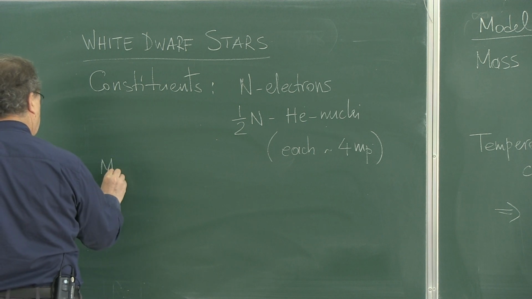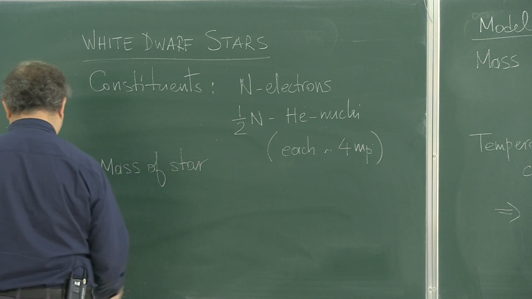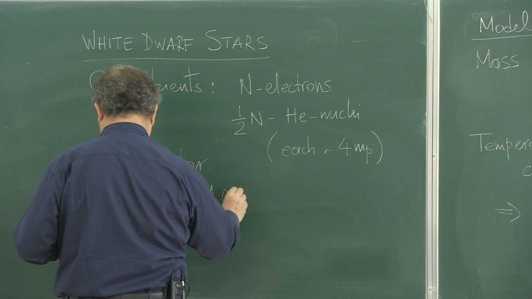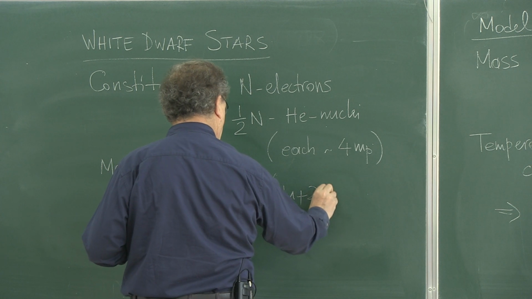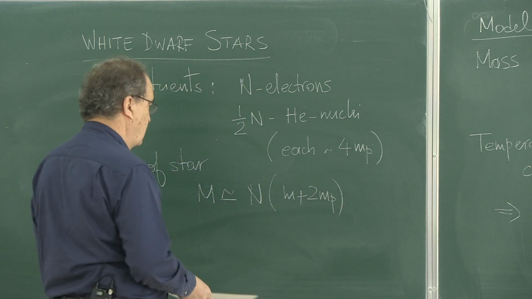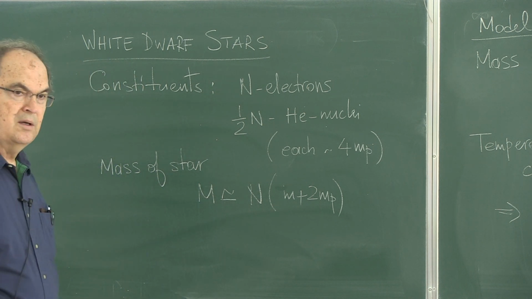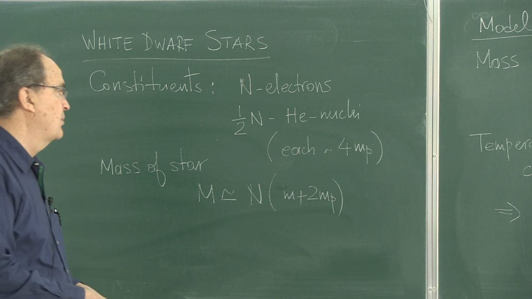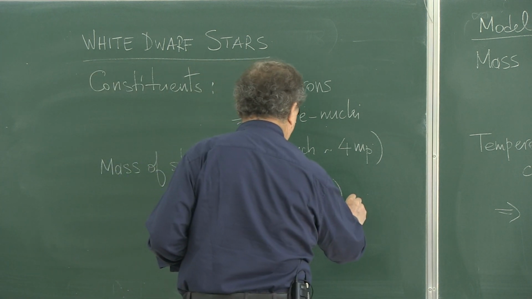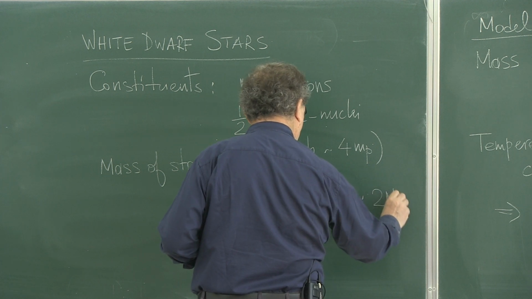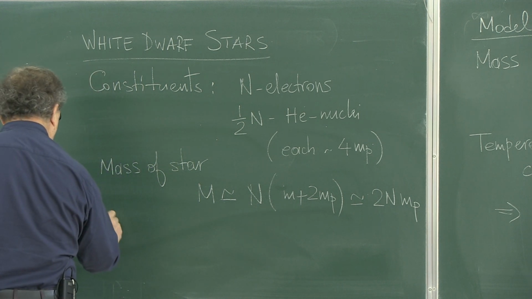Therefore, mass of the star is approximately n times electron mass plus n over 2 times 4 proton mass, more or less 2n mp. Let's look at the electron density.